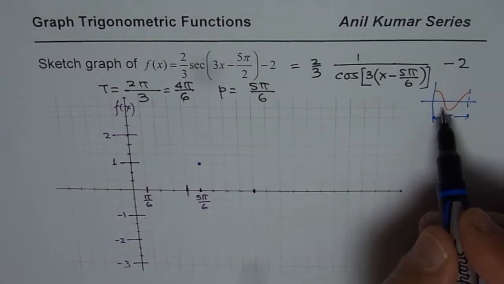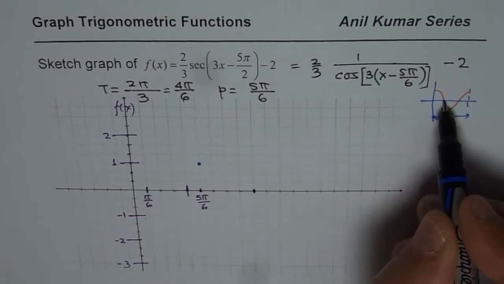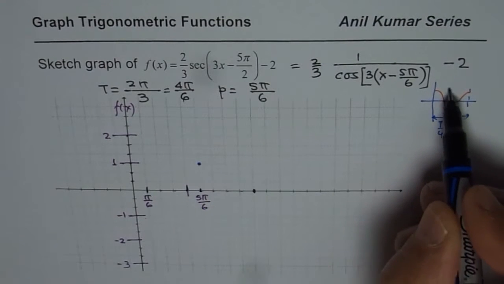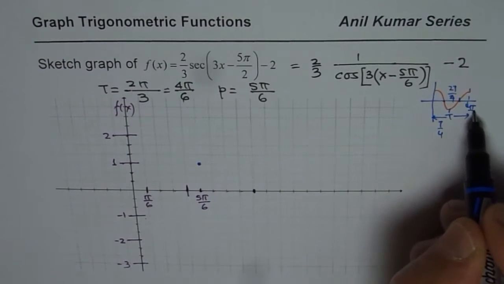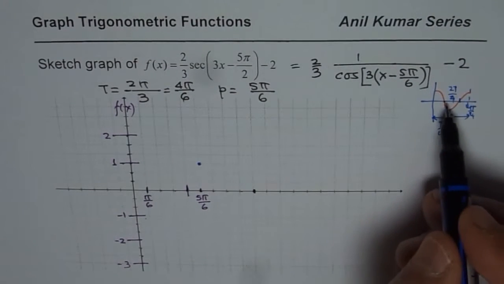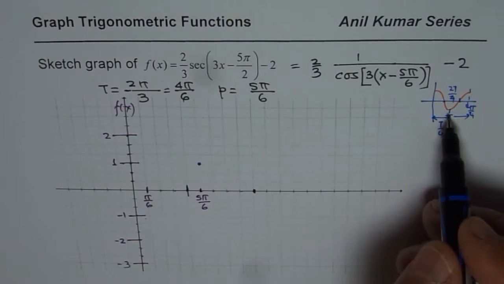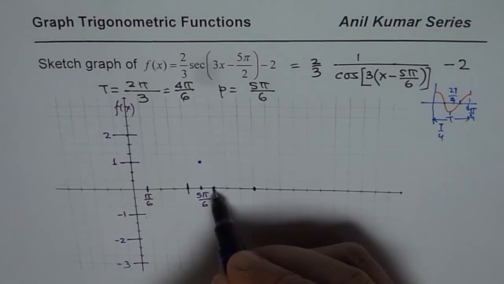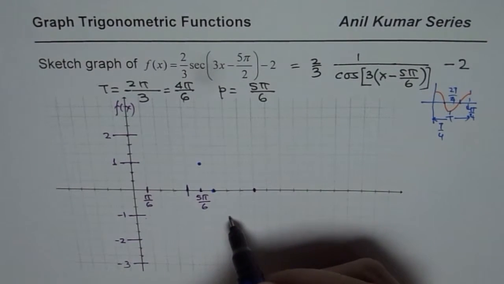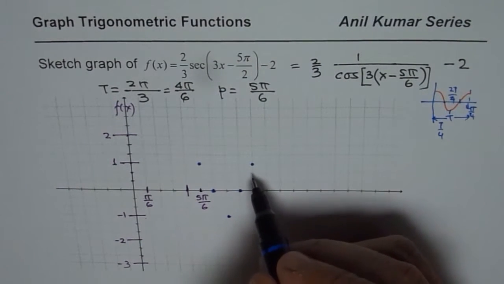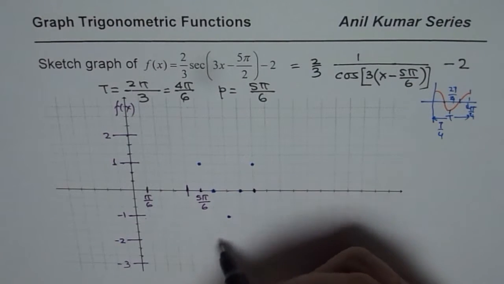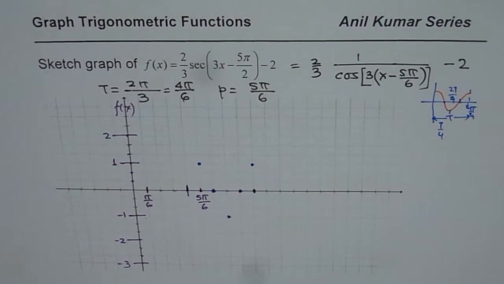Then every quarter, do you see that these points are quarters? So this is T by 4, this is 2T by 4, 3T by 4 and 4T by 4. So every quarter it is 1, 0, minus 1. First, next quarter 0, next quarter minus 1, and then we have 0, and then we have 1. So even without doing any calculations, I can get my cosine graph with these points.